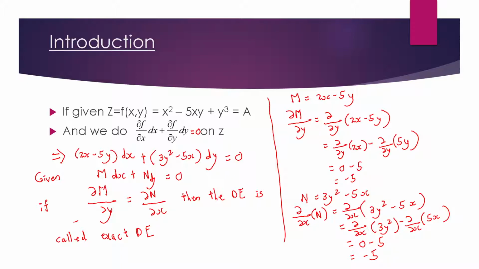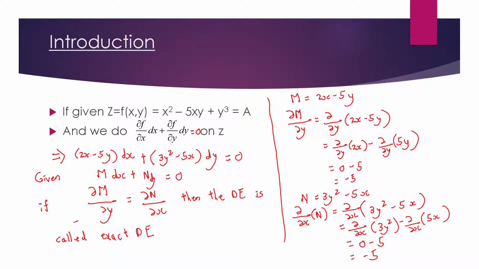So you notice del M del y equals del N del x. Given a differential equation in the form M dx plus N dy equal to 0, you can check whether del M del y equals del N del x. If it is true, then the differential equation is called an exact differential equation.